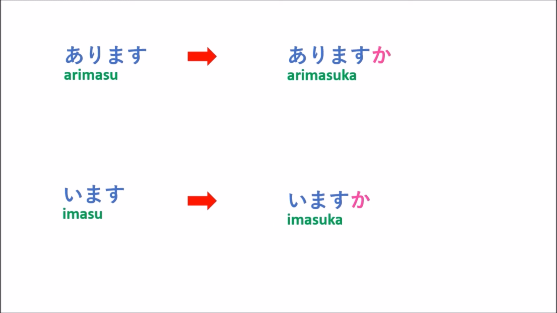What I would like to recommend to anybody learning Japanese is that when you want to make a question, you just put ka after the word arimasu or imasu. You can change arimasu to arimasu ka, and imasu to imasu ka.